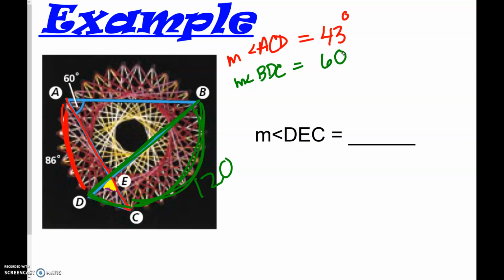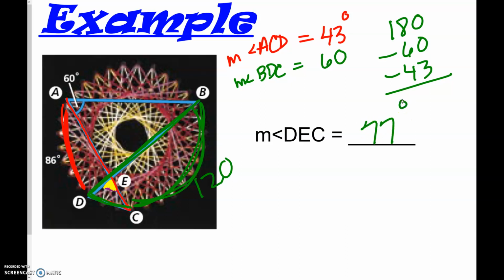So now within that triangle, can we take 180 minus 60 minus 43, and we're going to be left with this angle that we need, angle DEC, and I think we end up with 77 degrees. All right, using that intercepted arc, might have to pause and go back.